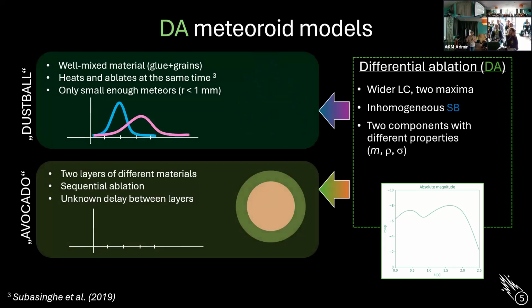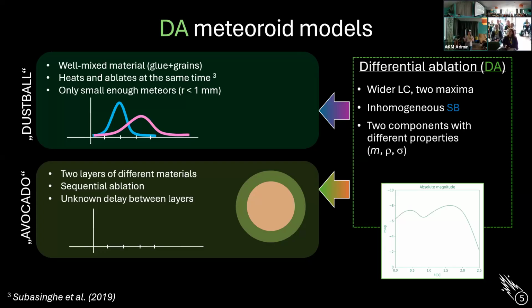This is a pretty good model, but it has its limitations. First one is that the ablation rates or ablation coefficients have to be very, very different for a result to show like this clearly, because they have the same starting point. And also only small meteoroids can be modeled like this.